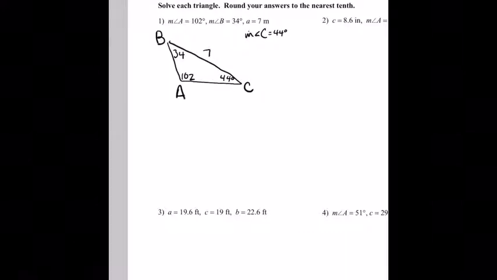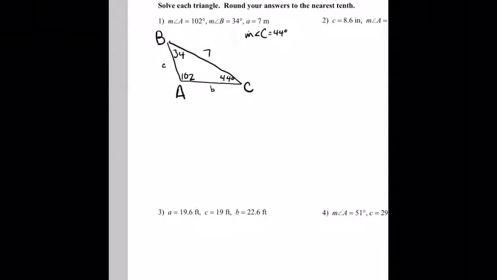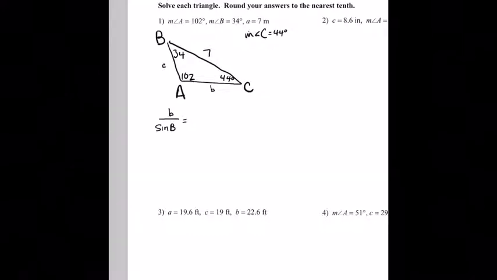So now we need to find the length of side C and the length of side B. Let's start with side B. So side B over sine B is equal to, let's do side A since we know it. And we already know angle B, so instead of writing B, I'm going to write the actual angle there.